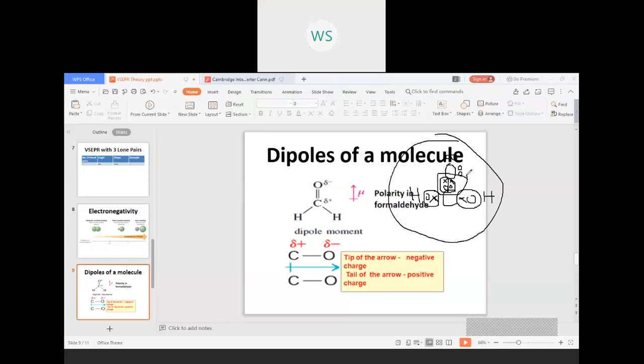The s orbital and p orbital of oxygen overlap with the s and p orbitals of the carbon.